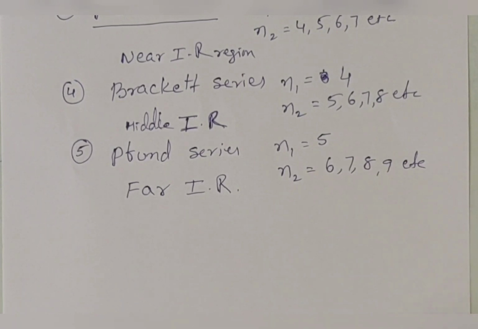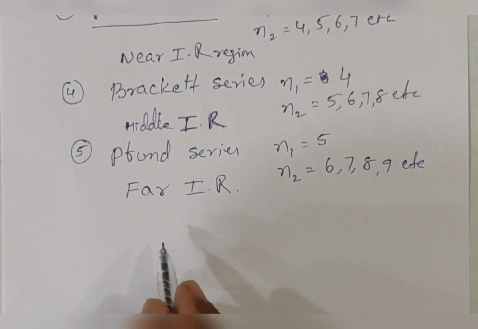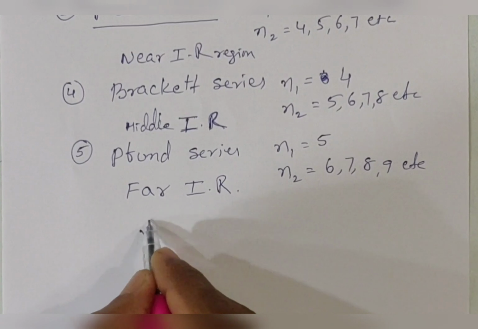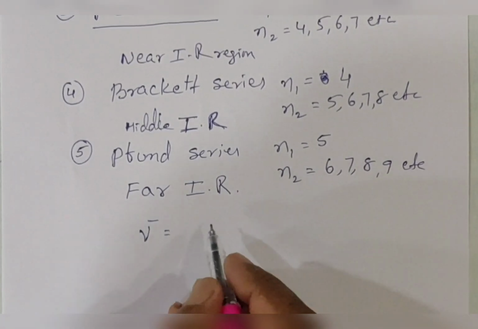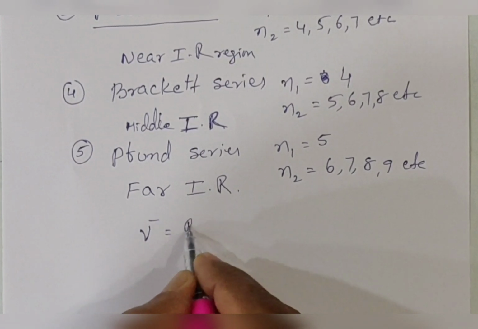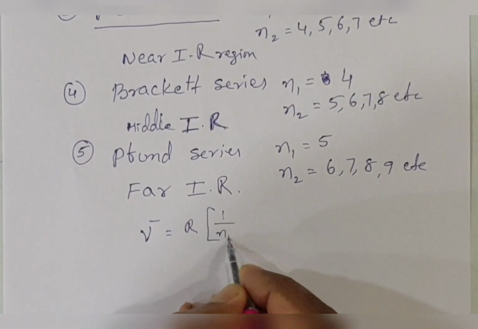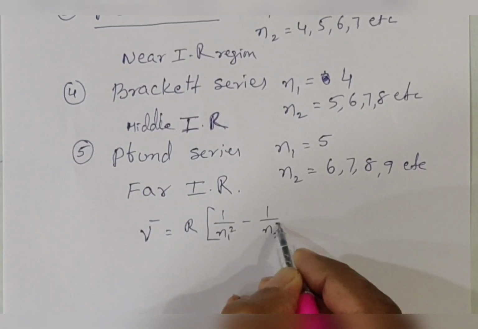Then how can we calculate the wavelengths or wave number of these spectral lines? We use a mathematical expression: nu bar is equal to R into 1 by N1 square minus 1 by N2 square.